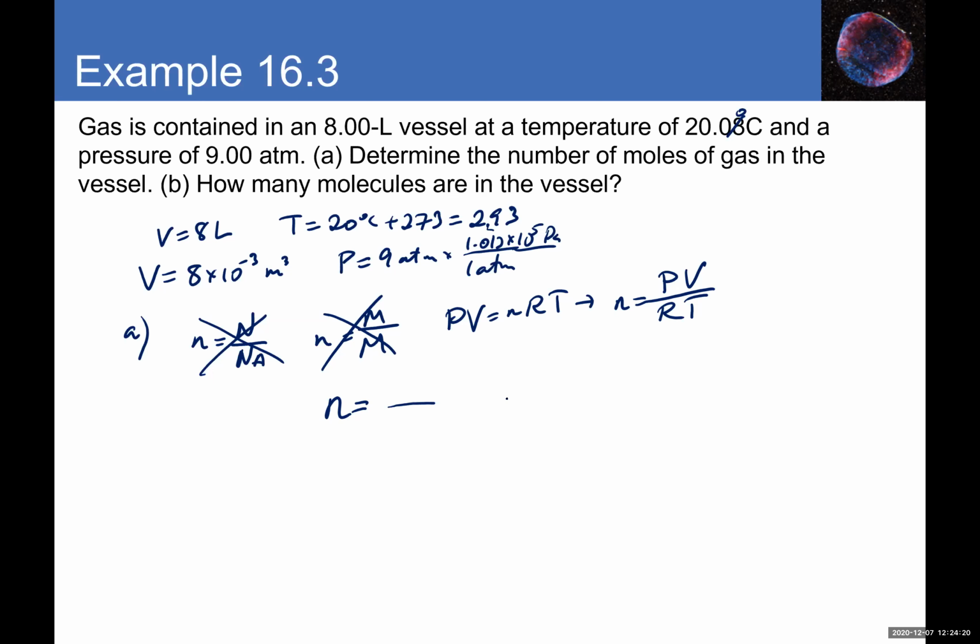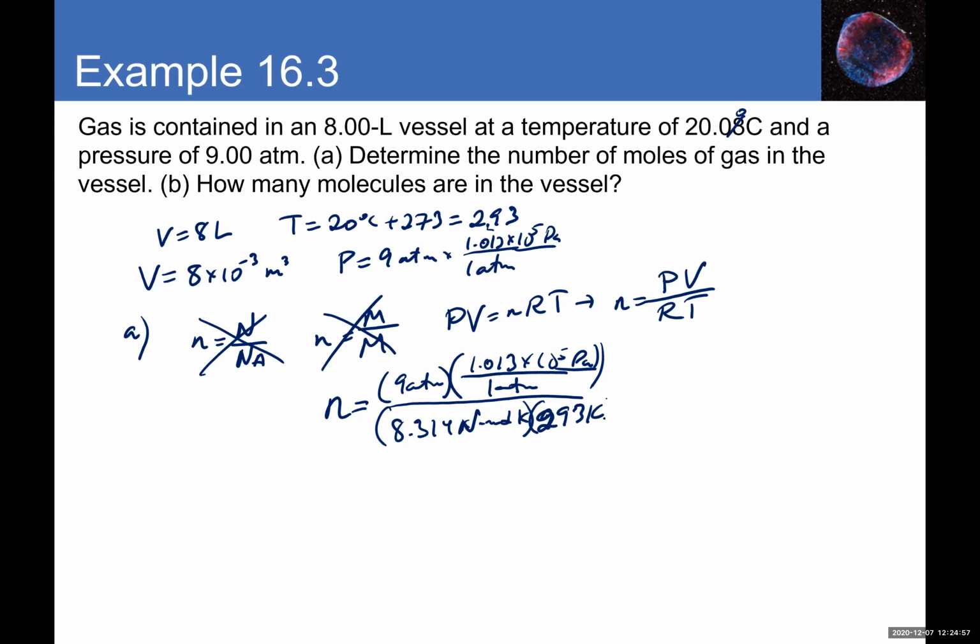But let's say here, pressure here is 9 atm, where I converted 1 atm is 1.013 times 10 to the 5 Pascal. And then R here is 8.314, joules per mole Kelvin, then 293 Kelvin for my temperature.